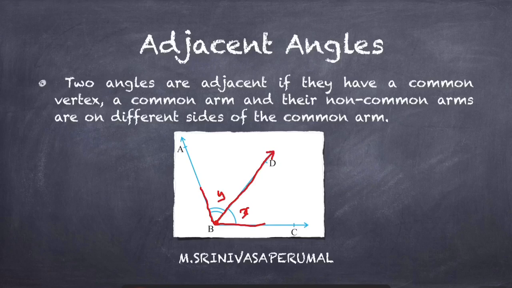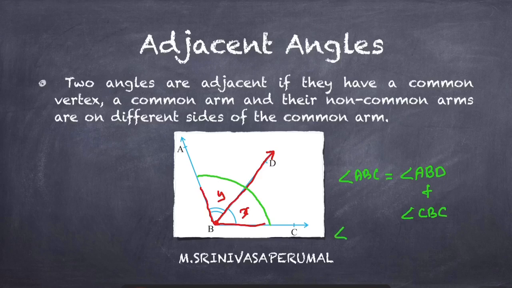The way of representation is: total angle ABC is equal to angle ABD plus angle CBD.